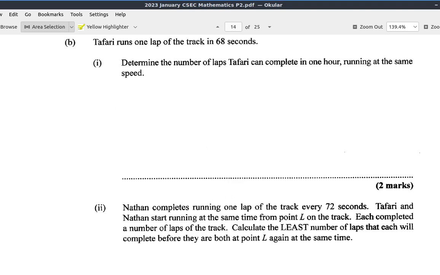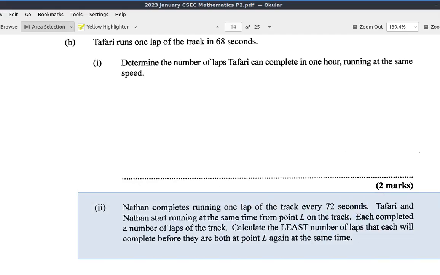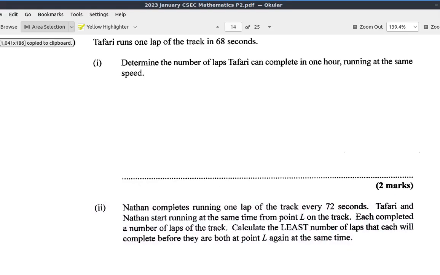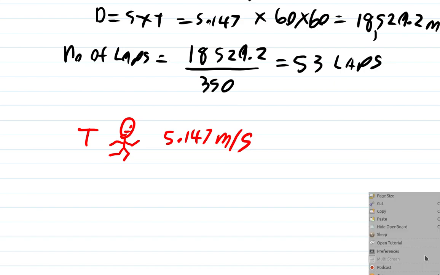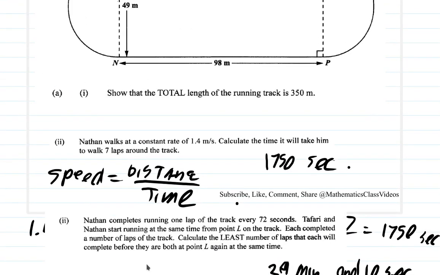By the way, let's just copy this and put it over here instead of switching back and forth.